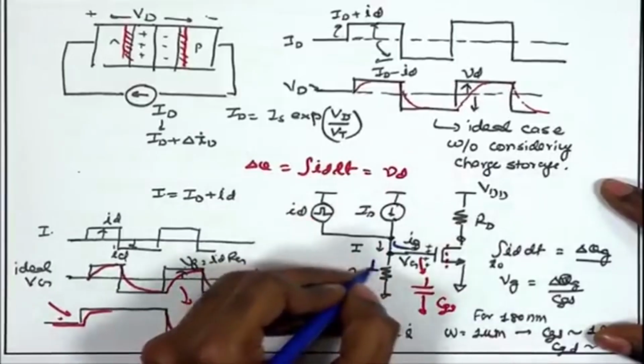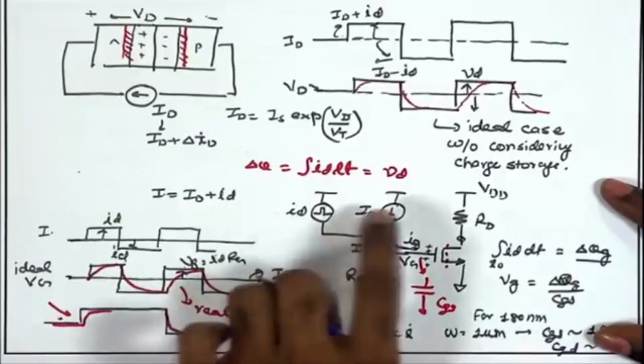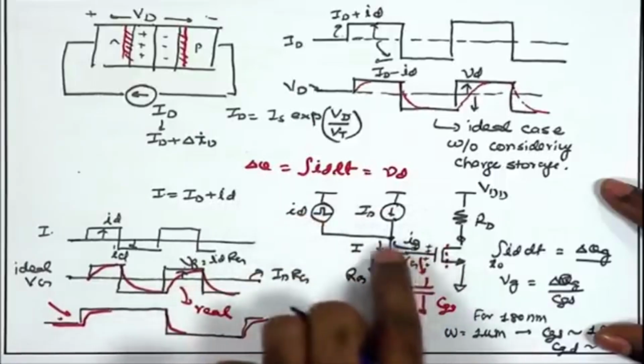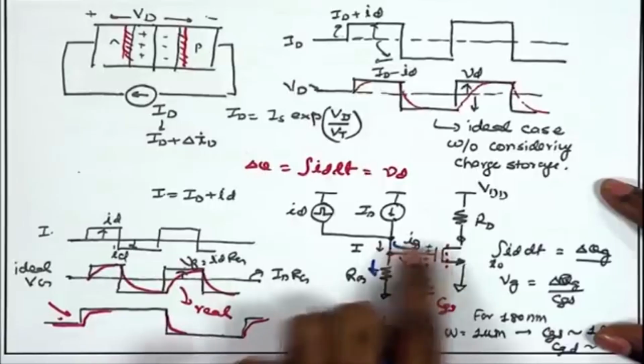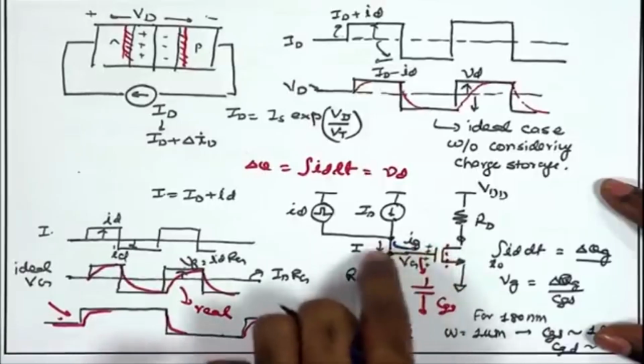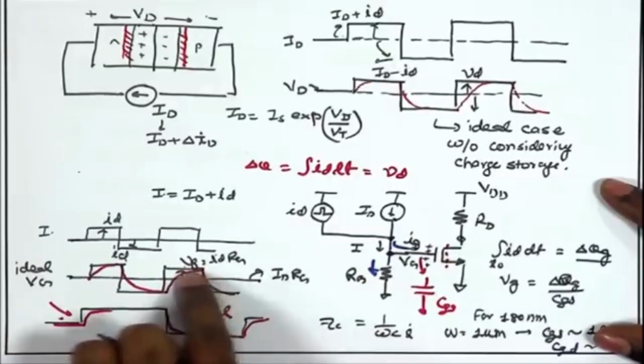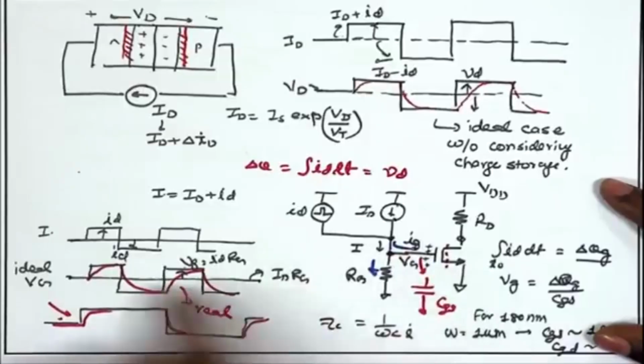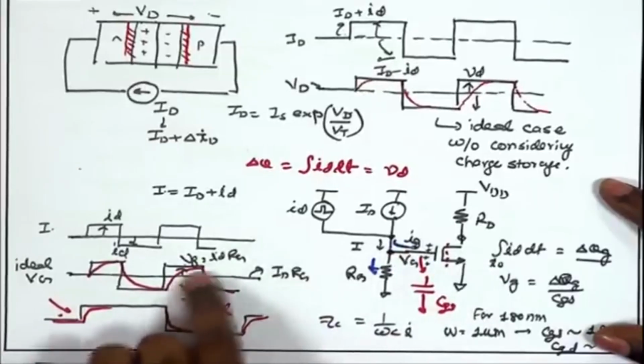So, the current in RD will not jump instantaneously from ID to ID plus delta ID. First it will be diverted to the gate of the MOSFET, store some more positive charge, and then finally once it has reached the steady state value, the entire small ID will start flowing through RG. Then the gate voltage settles to the final value.